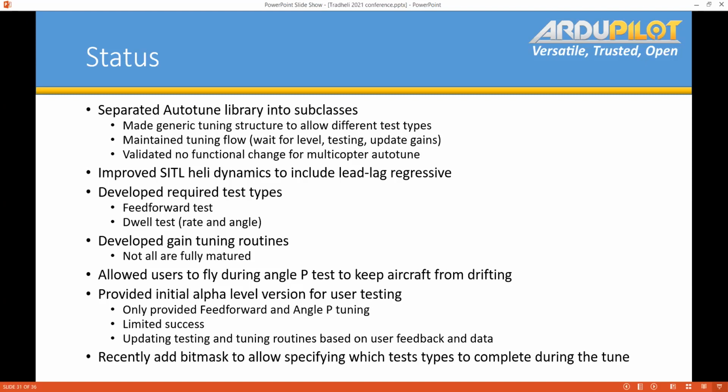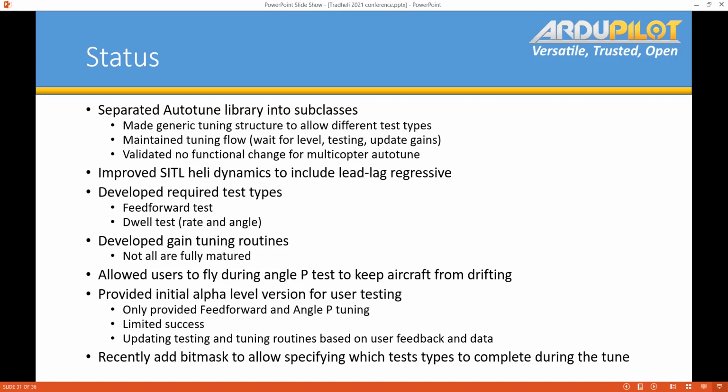And I actually went back and tested that, went through a fairly extensive process to validate that. And thanks to Randy for helping me look through the code and making sure I didn't make any mistakes in doing the separation. I added CITL Heli dynamics to include the lead lag regressive.